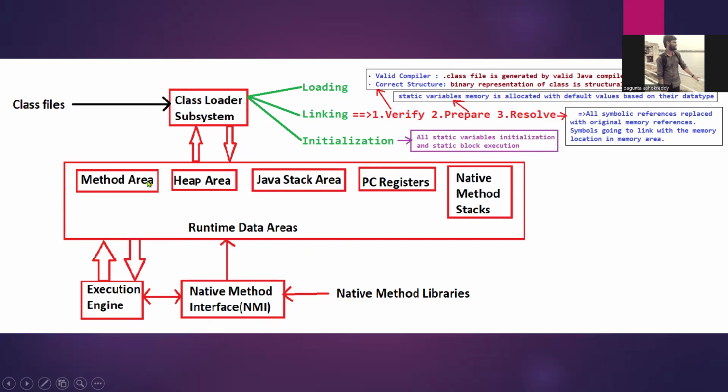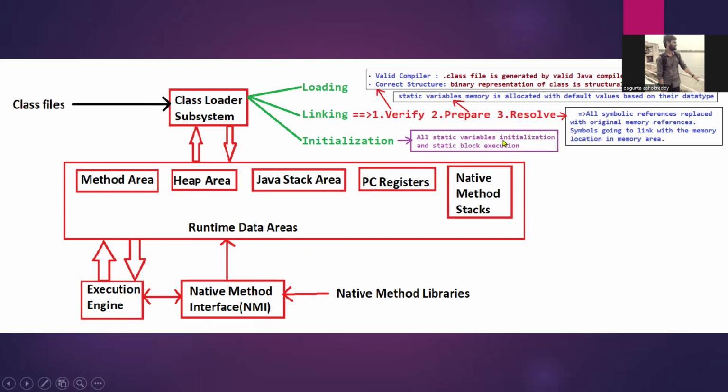Behind loading there are also three activities: the bootstrap class loader, the extension class loader, and the third one is the application class loader. Then the second one is linking, which checks whether the given dot class file is valid and has the correct structure or not. Then the third one is initialization: all static variable initialization and all static block execution will happen in the order defined, from top to bottom.